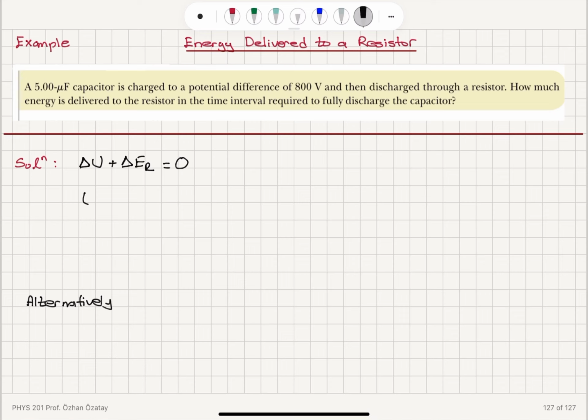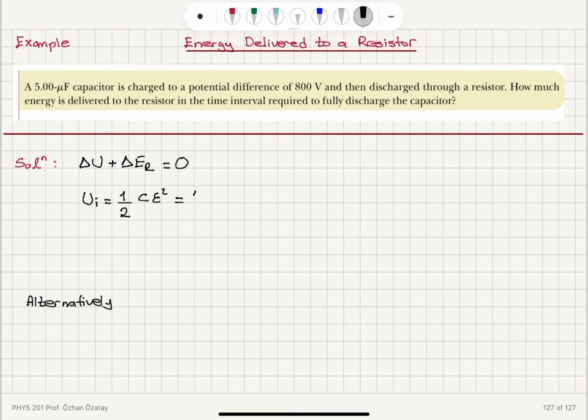Now the initial potential energy stored in the capacitor is 1/2 C epsilon squared, where epsilon is the capacitor's initial voltage, which is the electromotive force of the battery it's connected to, assuming that it had zero internal resistance.